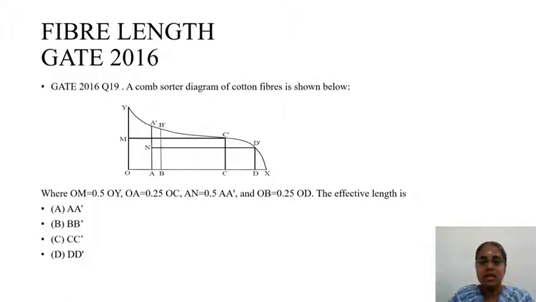This indicates that the effective length gives the upper quarter of the major group. So the answer here is A dash. For better understanding of the sorter diagram, you need to refer to the sorter diagram analysis video. A dash as per this diagram is your effective length.